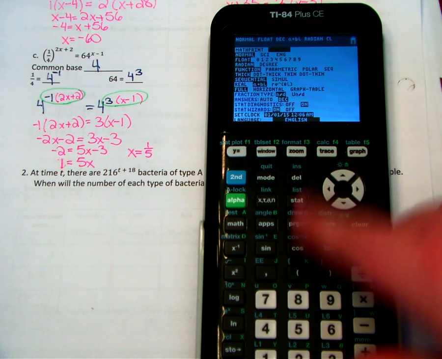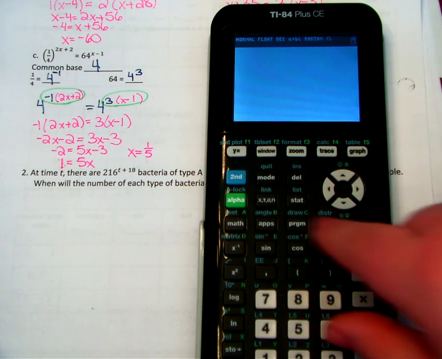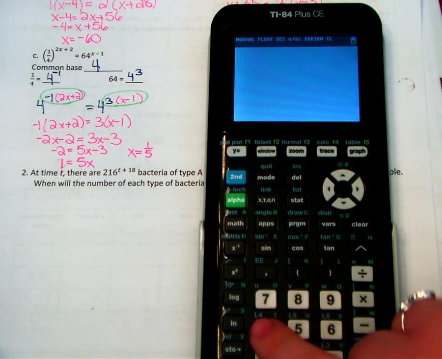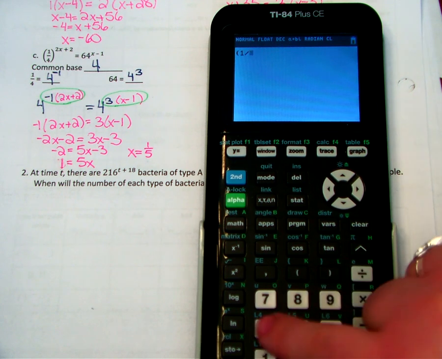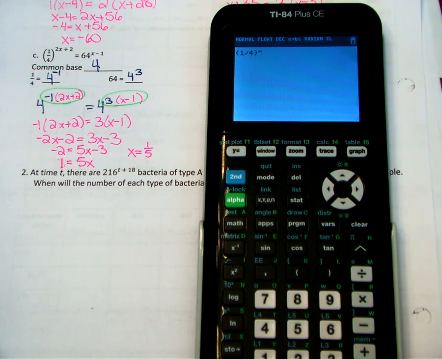Now when you're checking this on your calculator, if you have an older calculator, when you put in your exponent, let's say for example our 1/4, you just get a little caret, so you need to make sure that you put your entire exponent in parentheses.